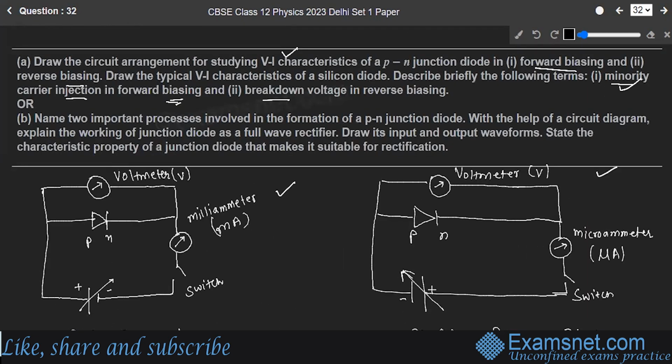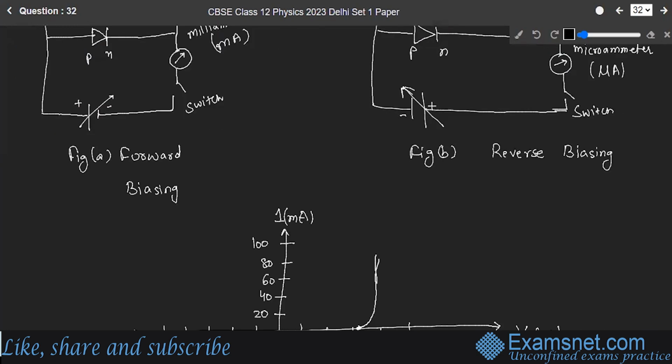Second one, the breakdown voltage in reverse biasing. It is a critical reverse bias voltage at which the current is independent of the applied voltage.